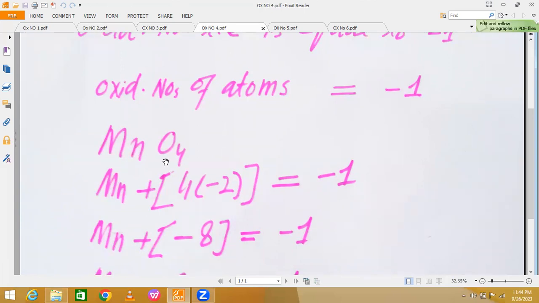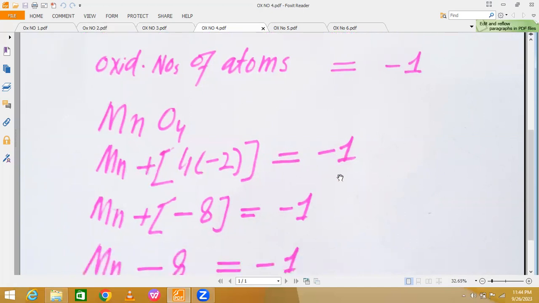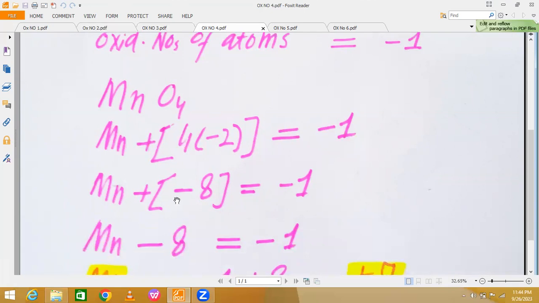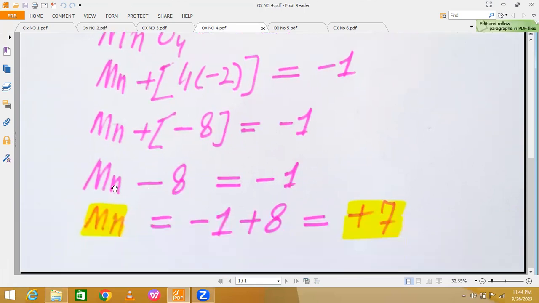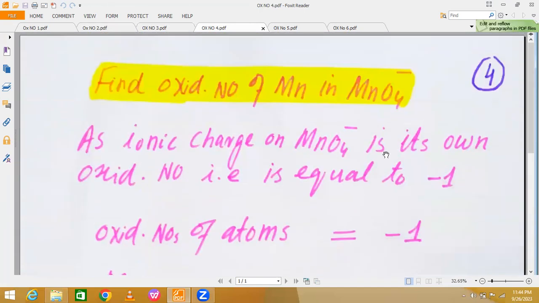There are 4 oxygen here, so write in this way: manganese plus 4 into -2, and as a whole should be equal to -1. Then manganese, here we got -8 is equal to -1. And in this way, we can get the oxidation number of manganese, that is +7 in case of the ion MnO4.